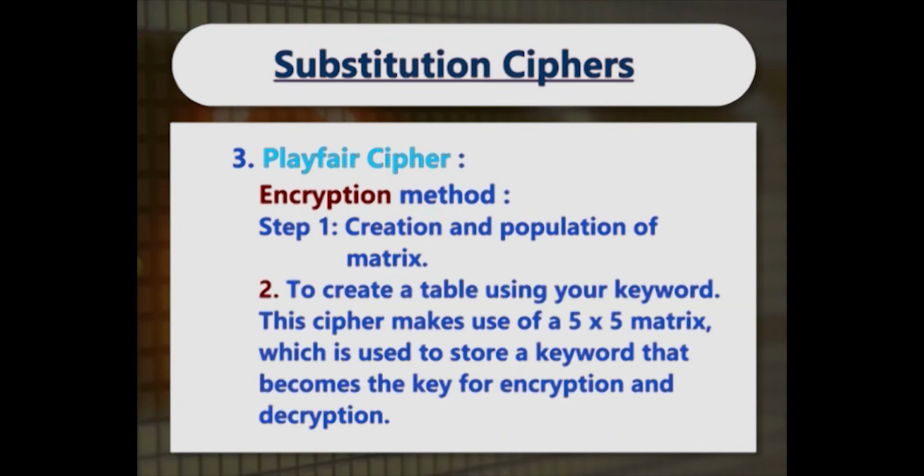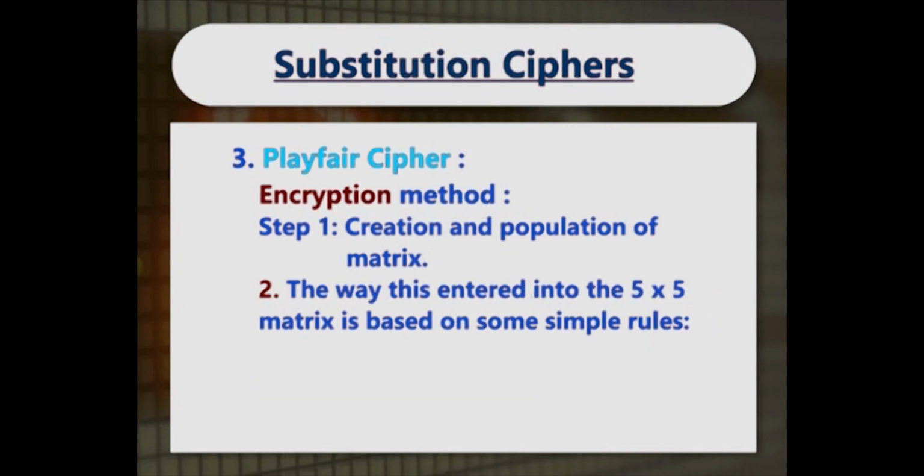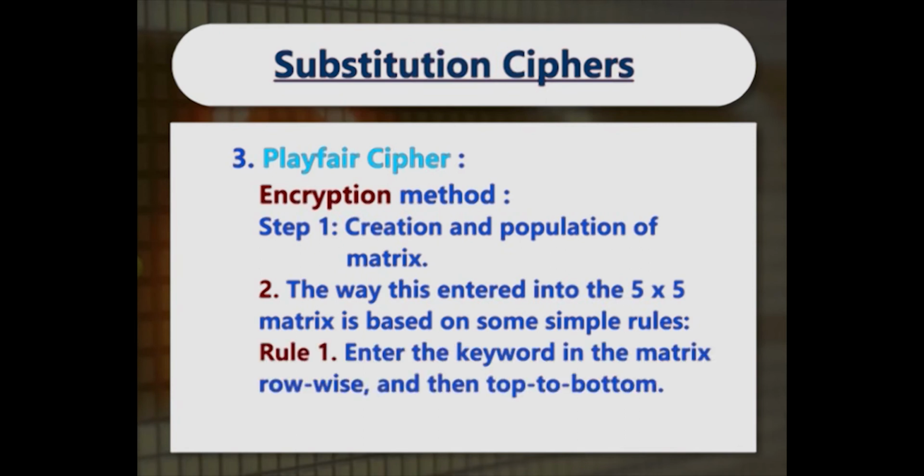After you have chosen a keyword, the next step is to create a table using the keyword. The Playfair cipher makes use of a 5 by 5 matrix, which is used to store a keyword that becomes the key for encryption and decryption. The way this is entered into the 5 by 5 matrix is based on some simple rules. The first rule is to enter the keyword in the matrix row wise and then top to bottom.